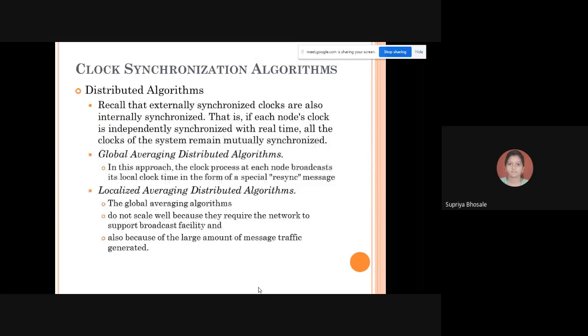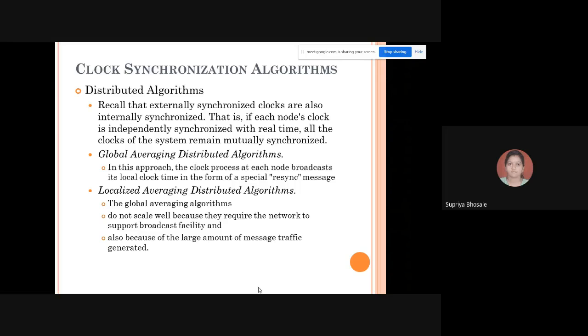ठीक आहे. And then second type of algorithm is distributed algorithms in case of clock synchronization. So in this, externally synchronized clocks are also internally synchronized.